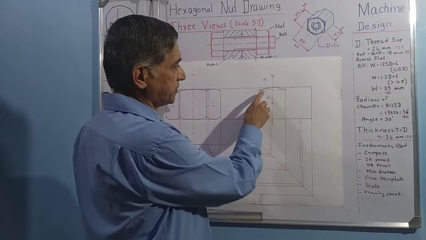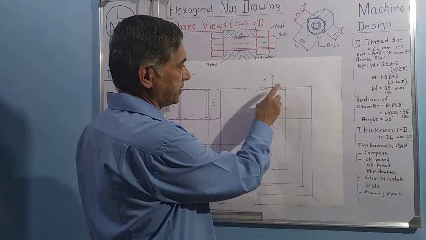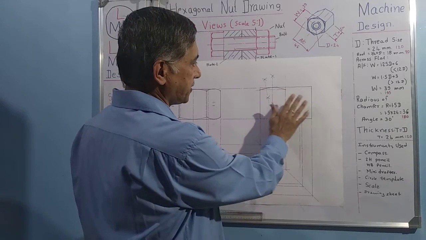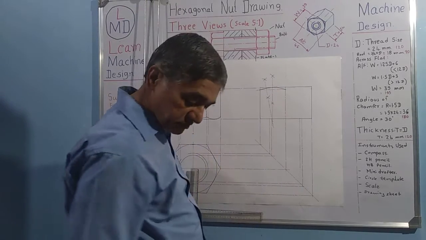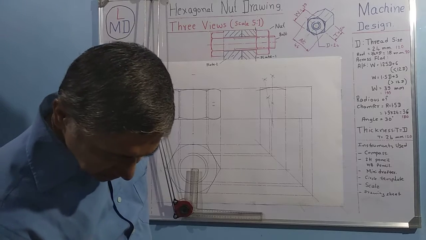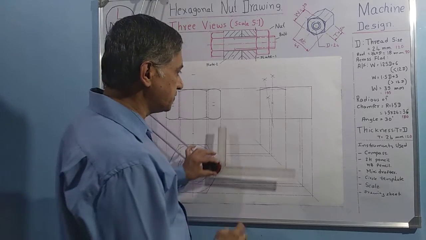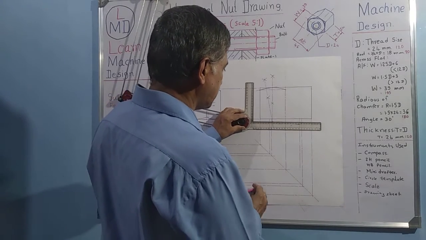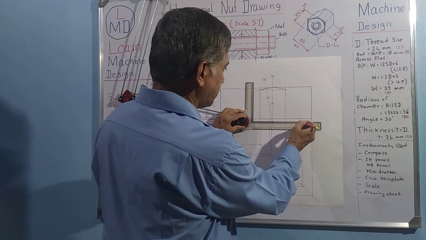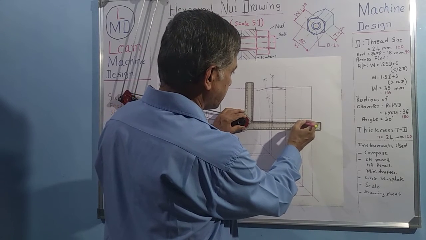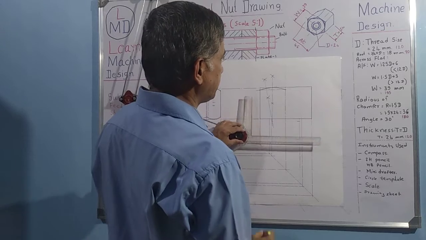We are able to draw a radius here. Similar technique of this, we have to extend this to even side also, bottom also. We have got this size. Take this, center this, draw this.